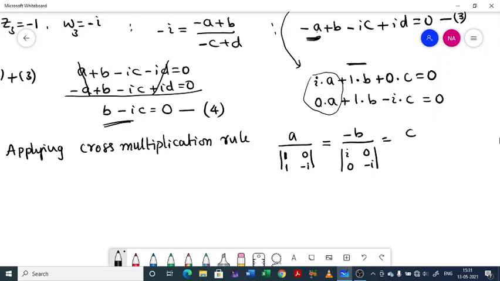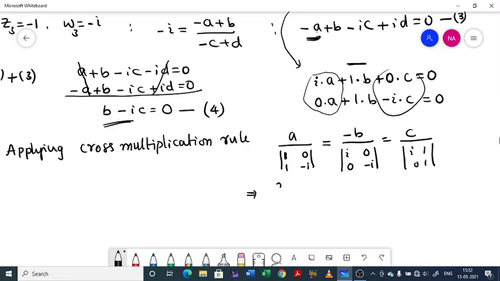And the last one, C divided by the determinant of the matrix with rows i, 1 and 0, 1.